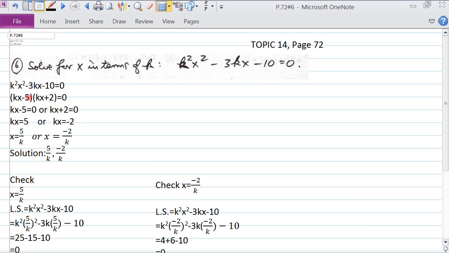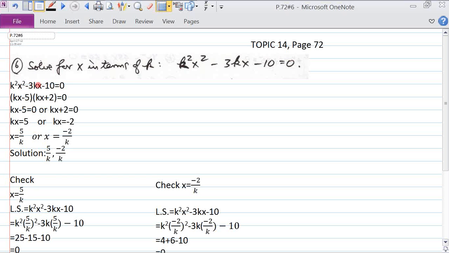We couldn't have used 10 and 1 as the factors here, because there's no way we would come out with minus 3kx. What if you put plus 5 and minus 2 here? You'd come out with plus 3x. So the signs, you have to watch out for the signs.